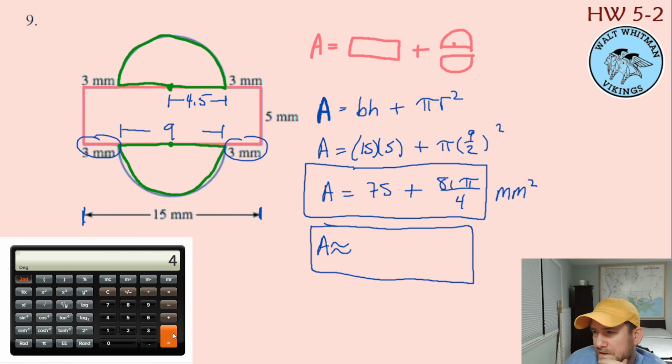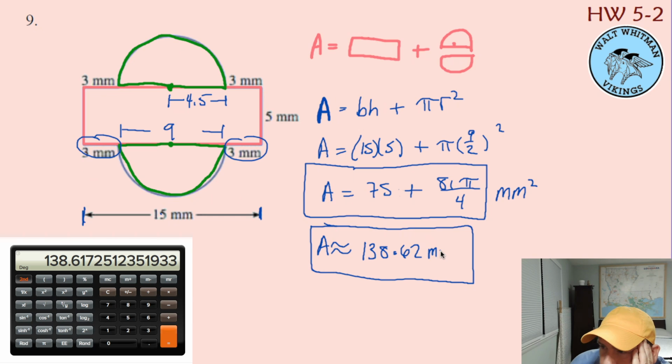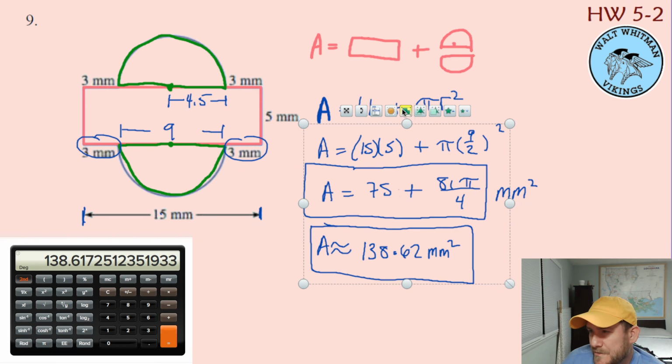Hit equals. Then we're going to add to that 75 more. So I'm getting 138.62. So that's it. There's your answer, both in its exact form and as a decimal that we rounded off.